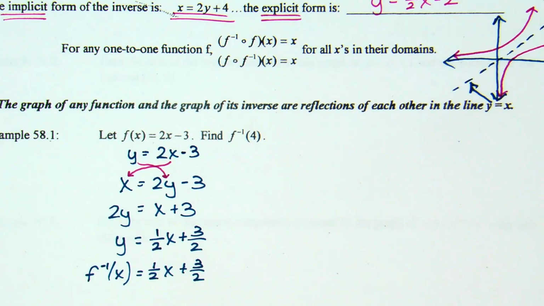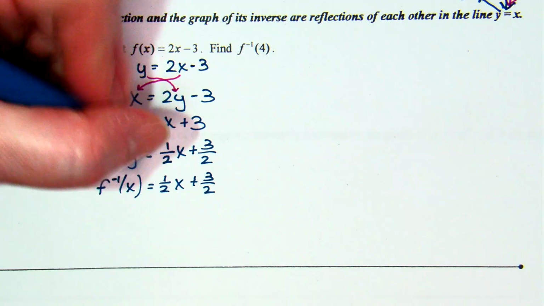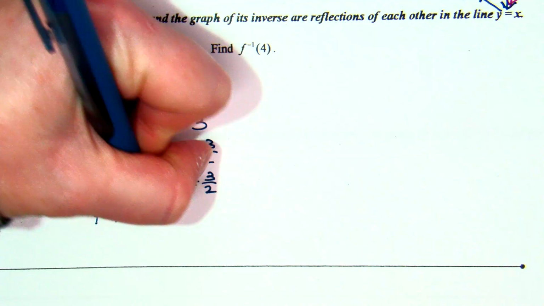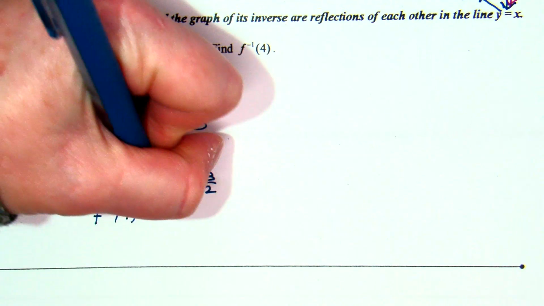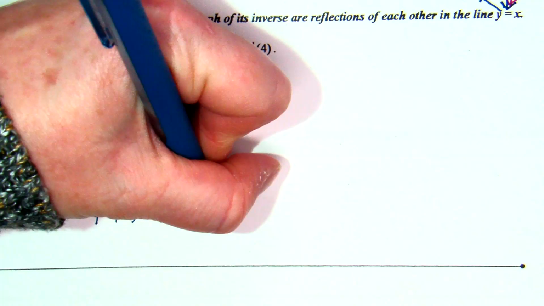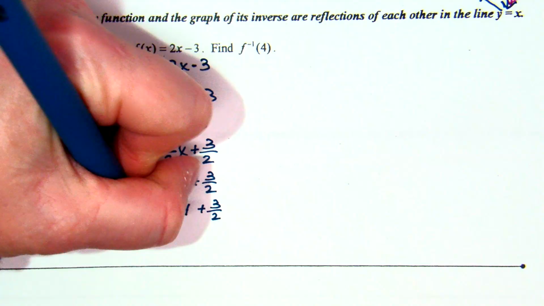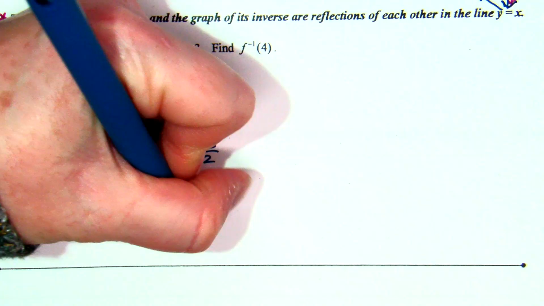What did this problem ask me to do? Find f inverse of 4. How do I find f inverse of 4? Yeah, substitute 4 in for x. So 1/2 times 4 plus 3/2. Half of 4 is 2, plus 3/2.